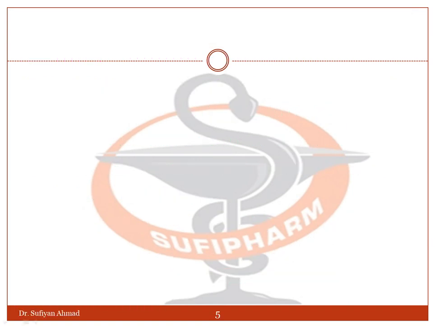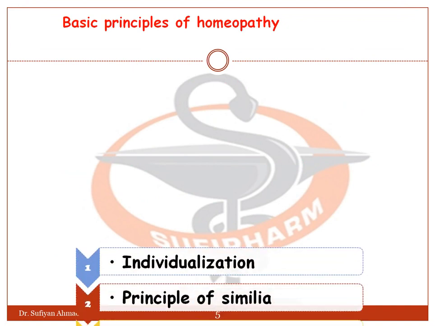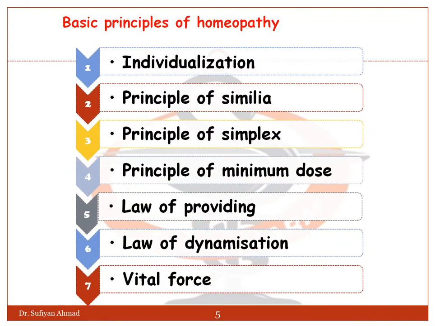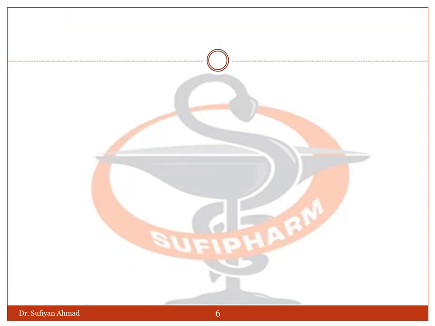The basic principles of homeopathy are individualization, principle of similia, principle of simplex, principle of minimum dose, law of proving, law of dynamization, and vital force.